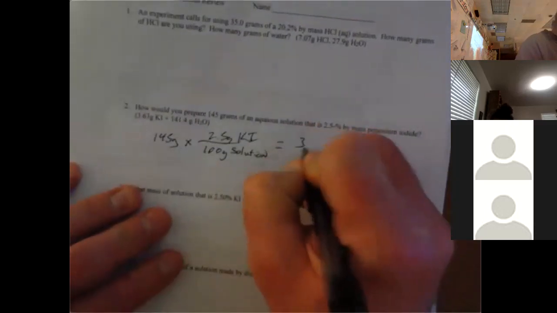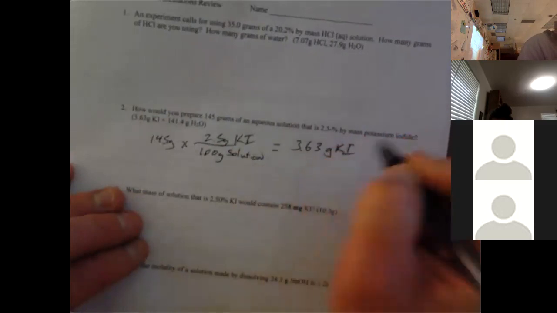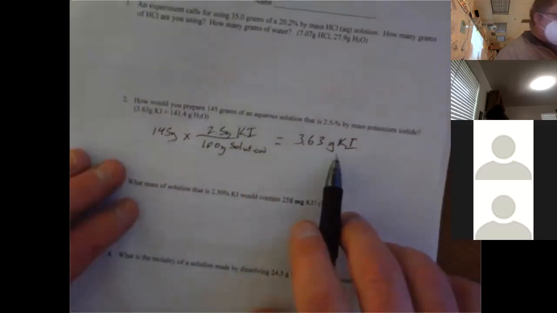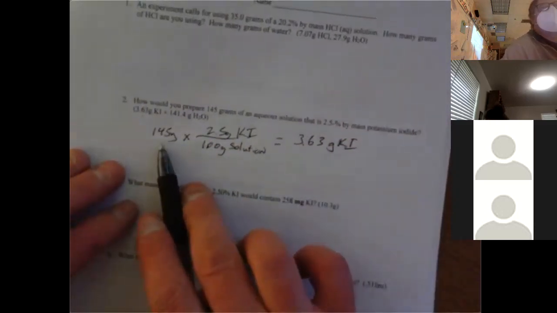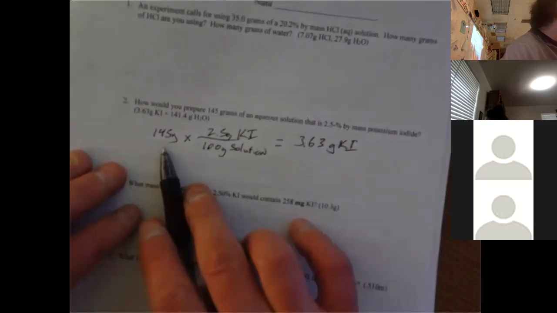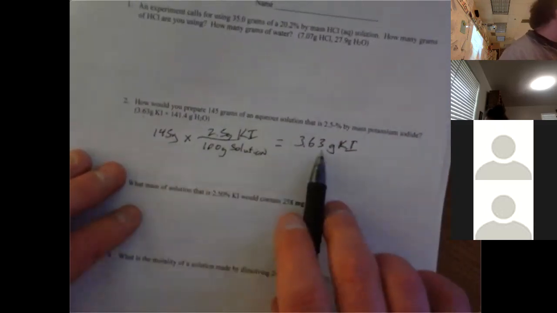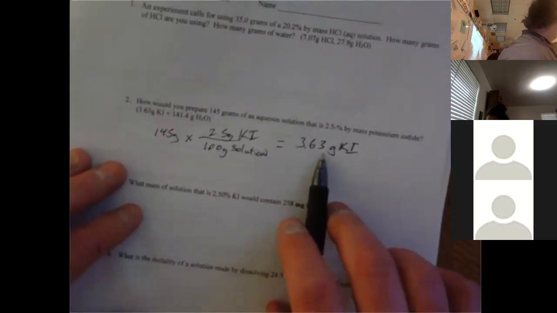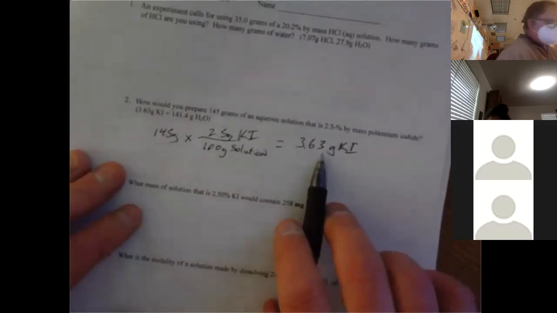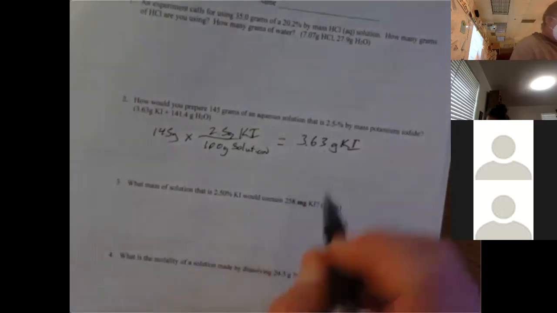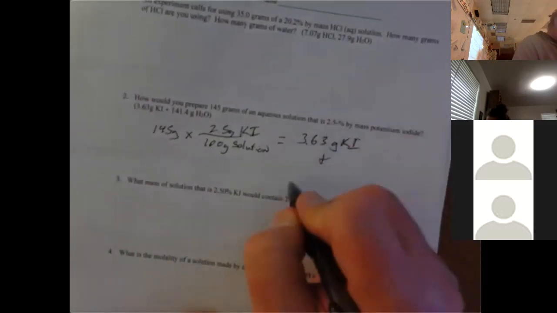It's 3.625. So with 3 significant digits, 3.63 grams of KI. And then the total mass is going to be 145 grams, right? So if this is the mass of the KI, how do I find the mass of the solvent? Subtract. 145 minus 3.63. It's 141.37.